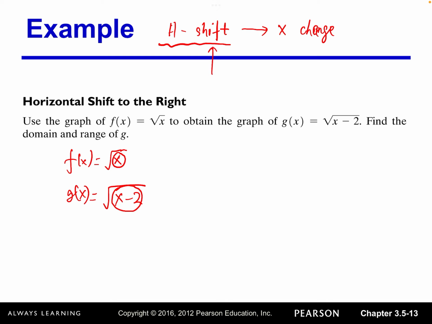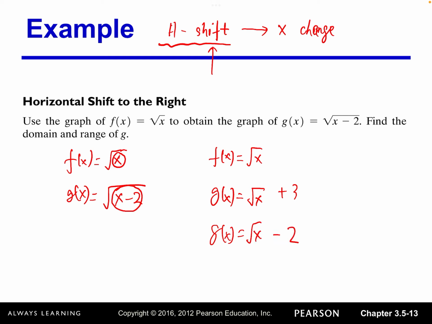What if it's a Y change? A Y change is supposed to look like this. f of x equals square root of x, and then g of x equals square root of x, with either plus 3 or minus 2 outside of the square root.